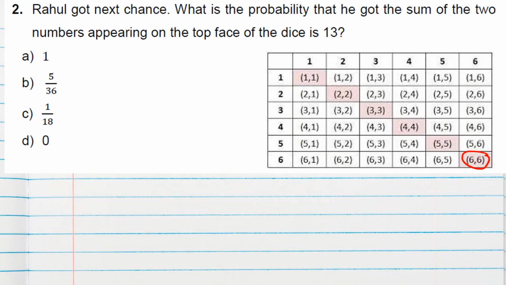So 12 is the largest sum that can be given by the outcomes of the two dice, isn't it? So 13 is not possible. A sum of 13 is not possible anyways. That means this is an impossible event. So for an impossible event, we have probability 0.